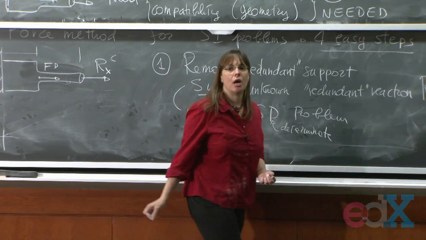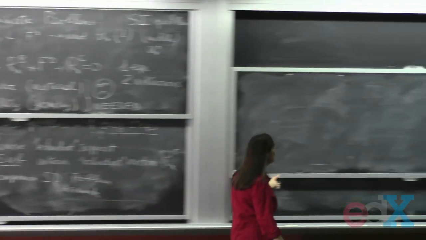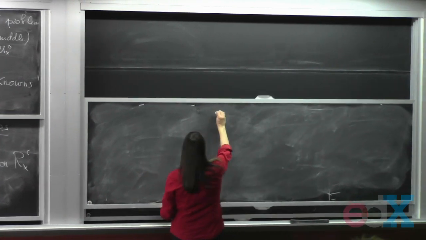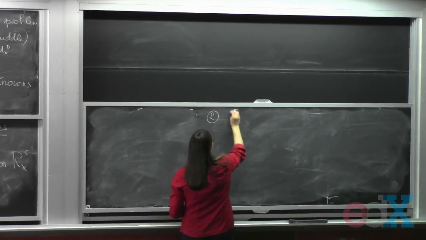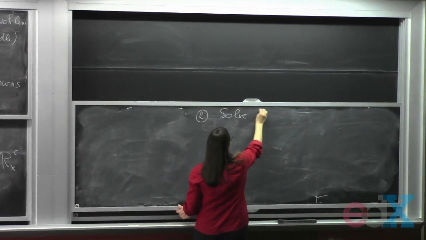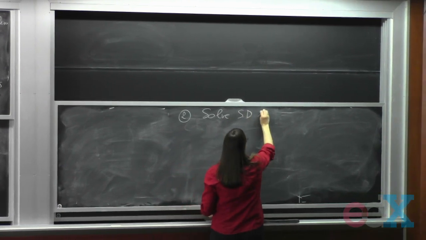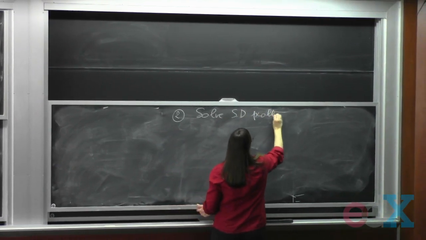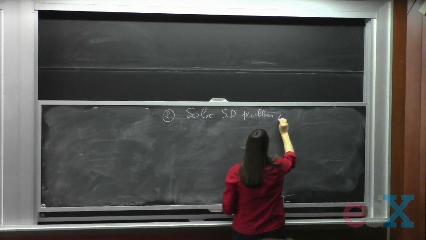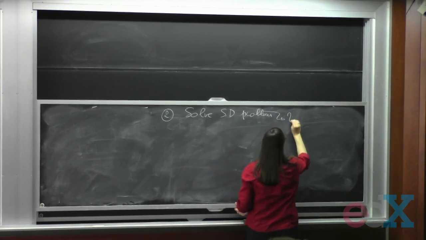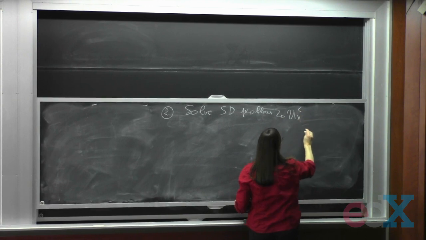Guess what? You know how to solve this. So the second step, step 2, solve the statically determinate problem. And when I say solve it, I want you to obtain UXC.